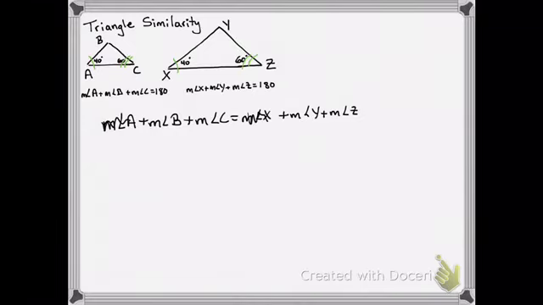And since we know that C and Z are the same, we can subtract those out. What that leaves us with is that we're guaranteed the measurement of angle B has to be the same as the measurement of angle Y.